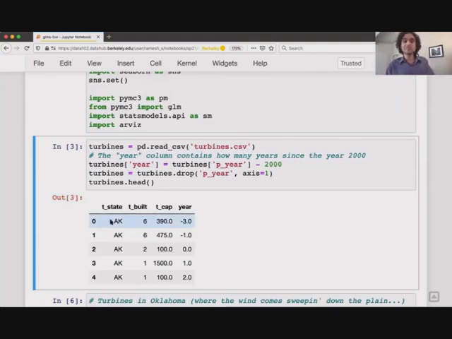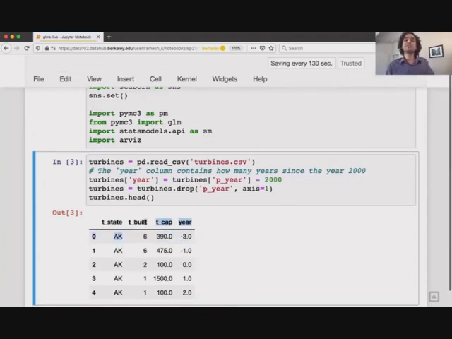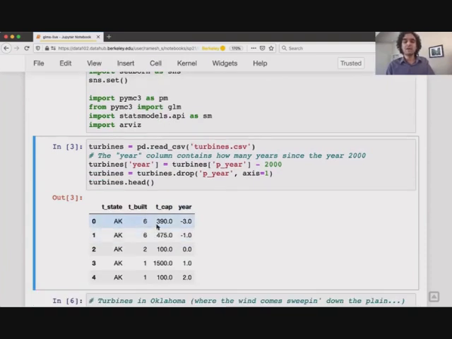For example, this first row says in year -3, which is number of years since 2000, so year 1997, Alaska built 6 wind turbines, which provided a power capacity of 390 kilowatts. So we can see how many turbines got built and how much power they provided, and this might be useful for prediction, where we want to say: here's the number of turbines that have been built so far, how many are going to get built next year, how many are going to be there next year.